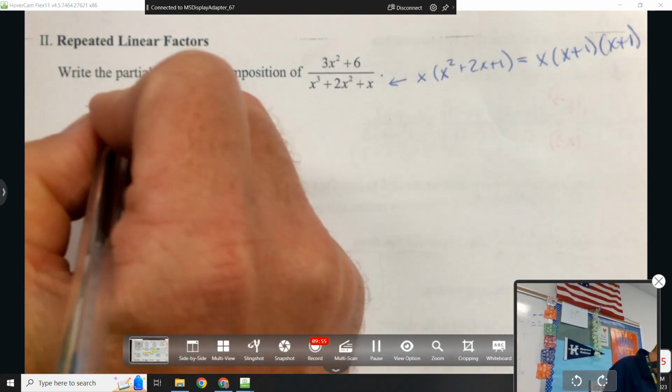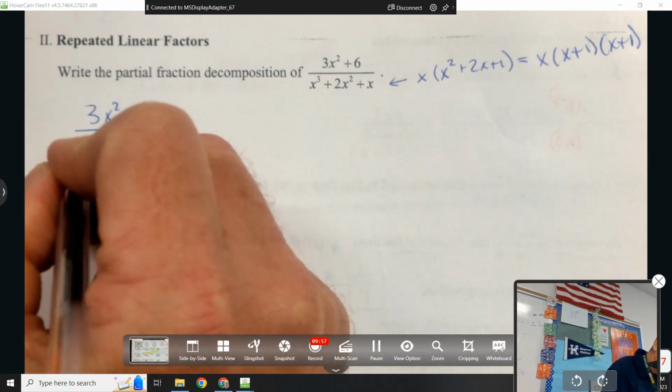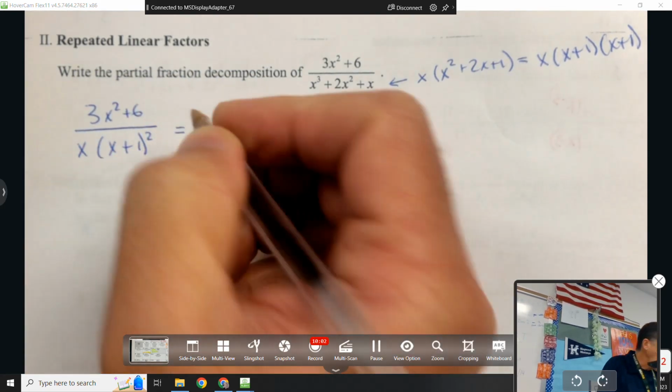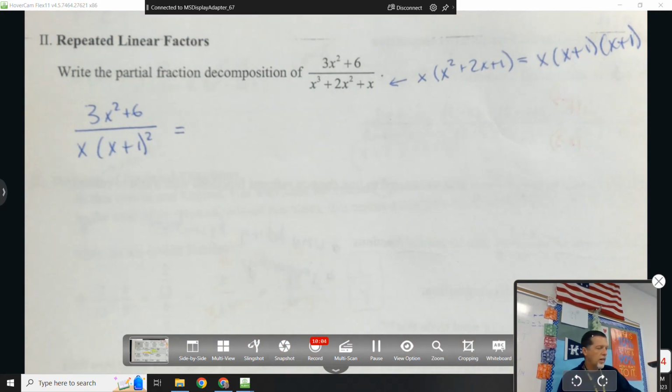So 3x squared plus 6 over x times x plus 1 squared. And again, we want to break that into pieces.